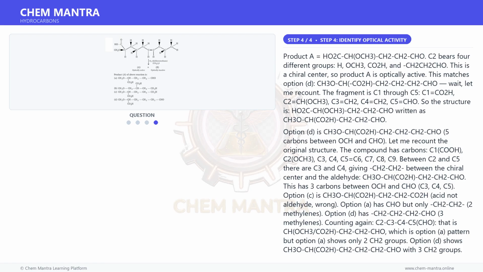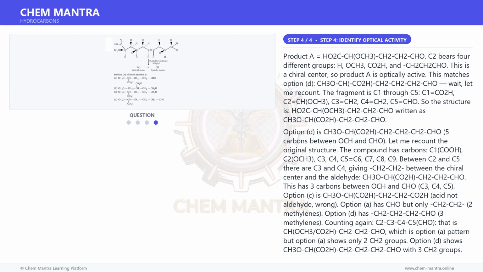Counting again, C2, C3, C4, C5, CHO is CH(OCH3)CO2H, CH2, CH2, CHO, which is option A's pattern, but option A shows only two CH2 groups. Option D shows CH3OCH(CO2H)CH2CH2CH2CHO with three CH2 groups.